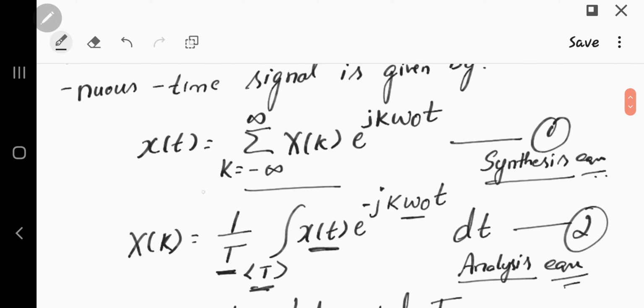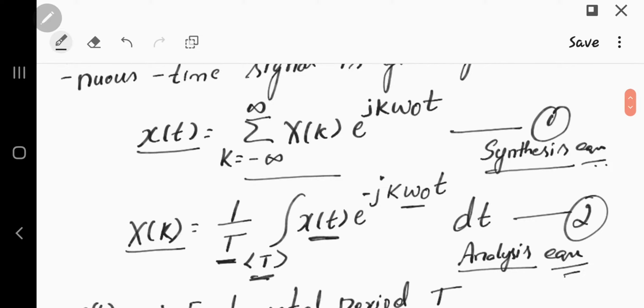Two methods, one is the synthesis equation and another is the analysis equation. Now usually we represent x of t and x of k, and they are related to each other. How?